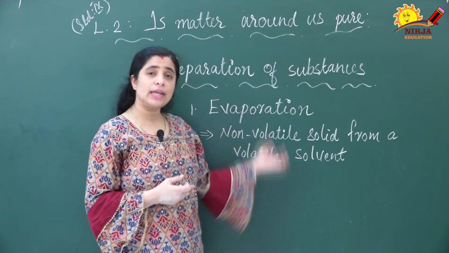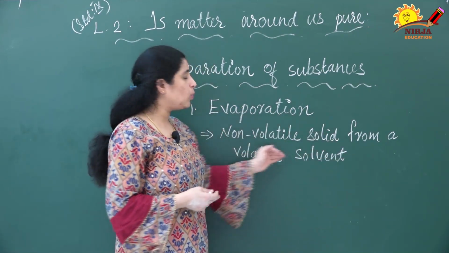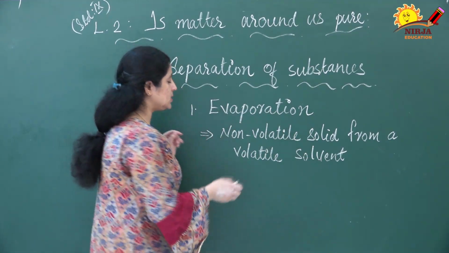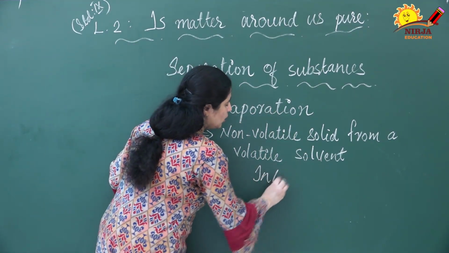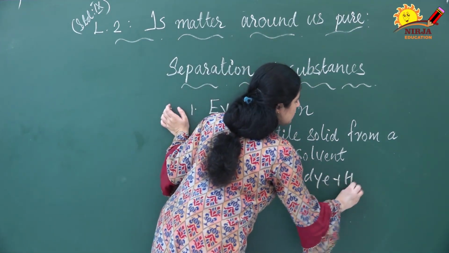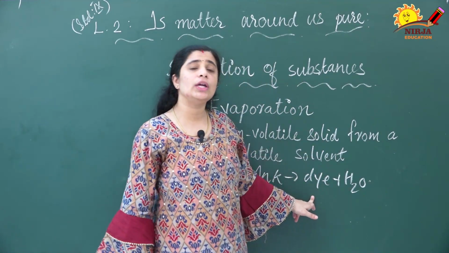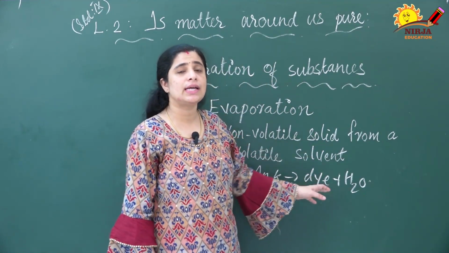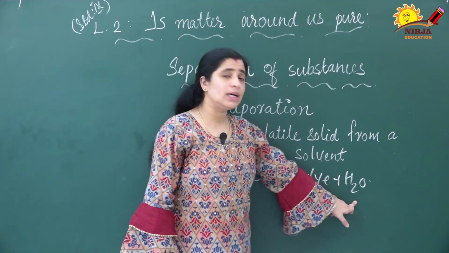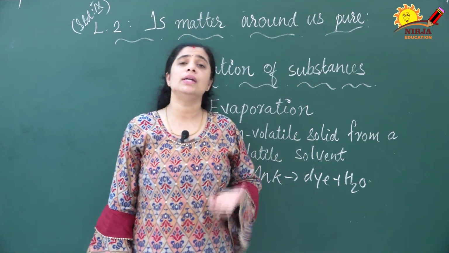I am going to take one example here, that is ink. Ink is a mixture of dye and water. Here dye is the solid non-volatile substance, that means it will not evaporate easily. But water is the volatile solvent, that means it will evaporate easily.